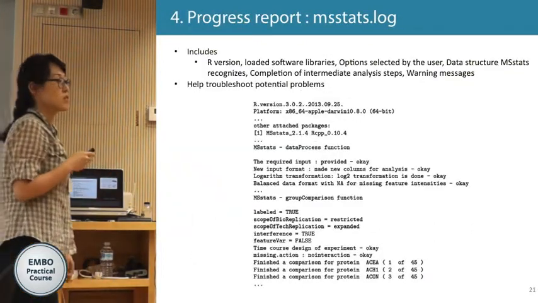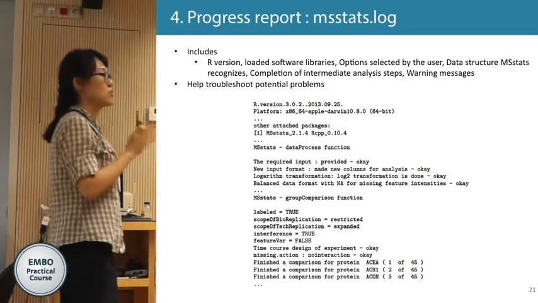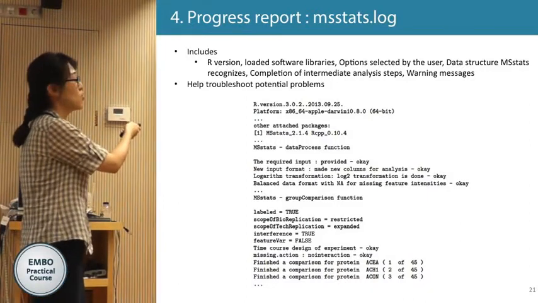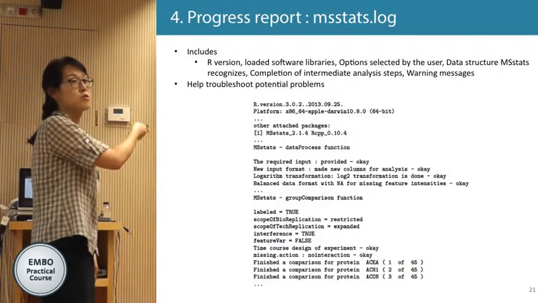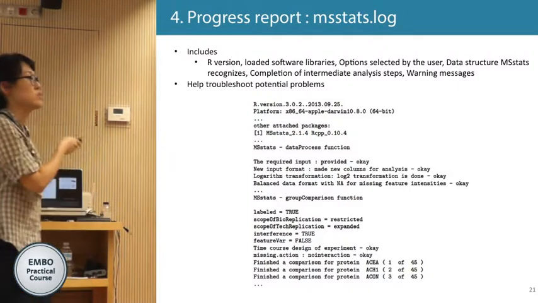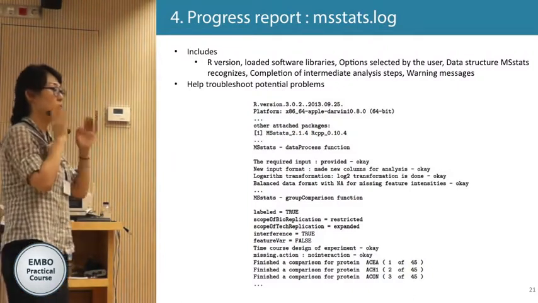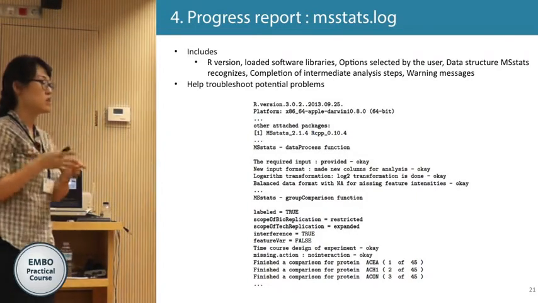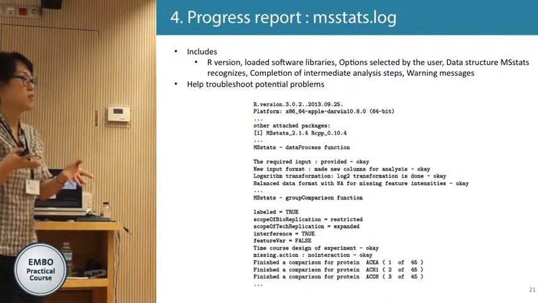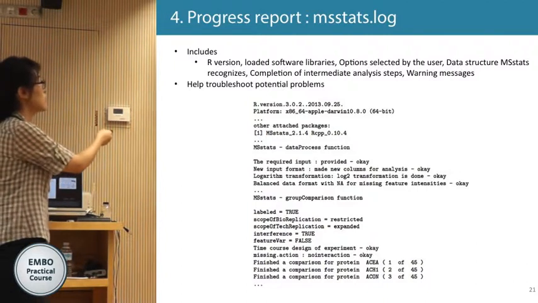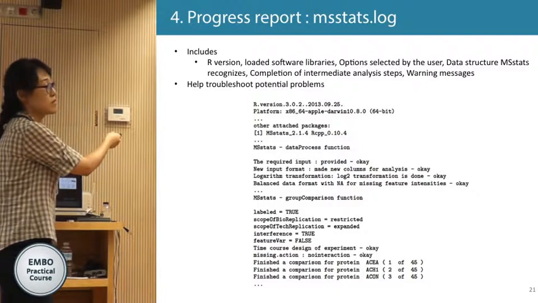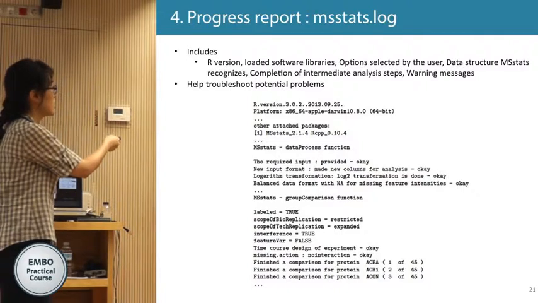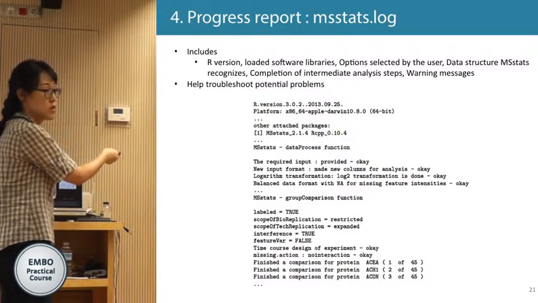And another thing: whichever function you use, the msstats.log file will be generated under the folder you already have. This is really important to keep what options you used, and if you have some problem, it's really easy to detect where the problem came from. Here is what version of MSstats you used, and here is what options you chose.